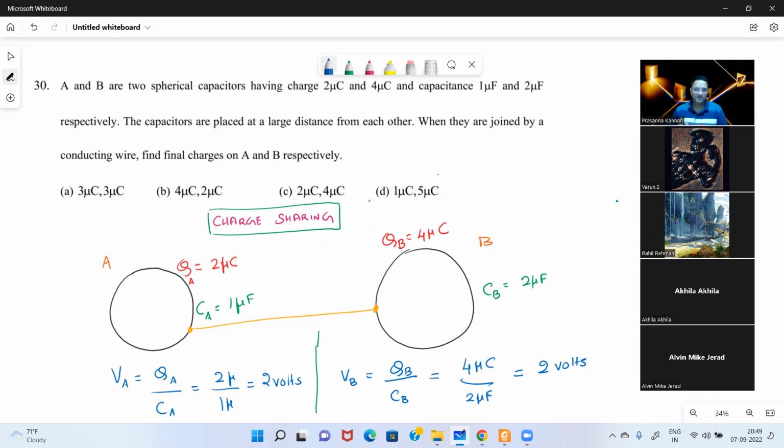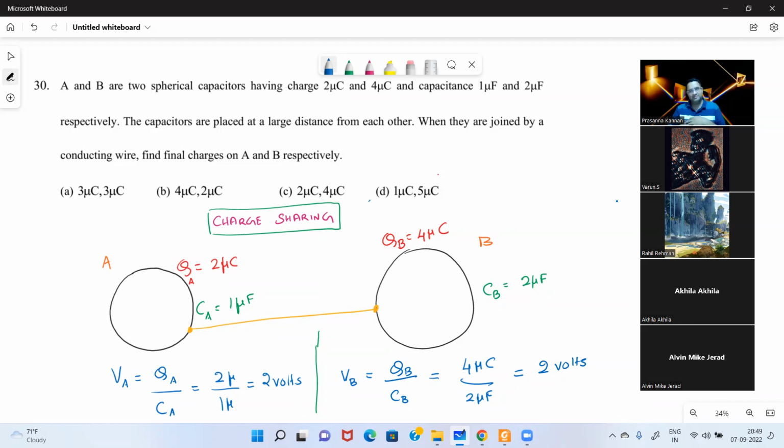Clear? But this is not the case with a parallel plate capacitor, correct? In parallel plate capacitors, if one capacitor is at 12 volts, another is at 12 volts, and they are disconnected from the battery, then what is important is you can only find a charge on each of them, Q1 and Q2.